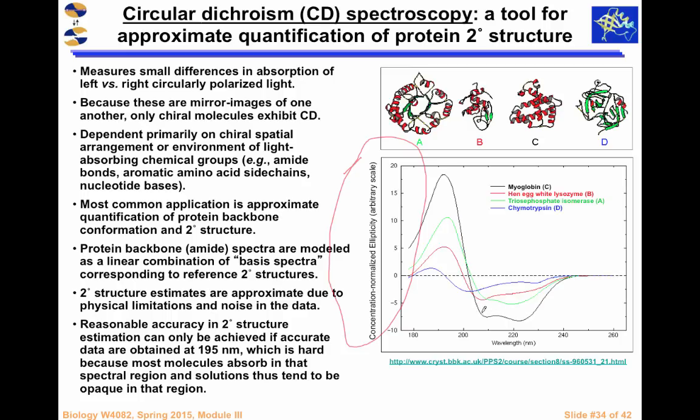The reason all these things that have helix look a lot like the helical spectrum is because the magnitude of the signal from the helix is much stronger than from any other secondary structure, and so alpha helices tend to dominate CD spectra, and therefore your ability to quantify helical content is much better than that of other kinds of secondary structure. However, even helical content cannot be quantified well unless you measure the peak reasonably accurately at about 197, and you put it on the proper absolute scale, which these people did not.